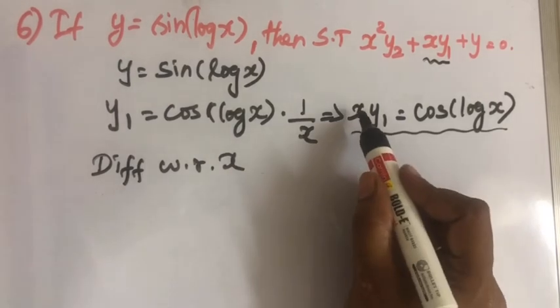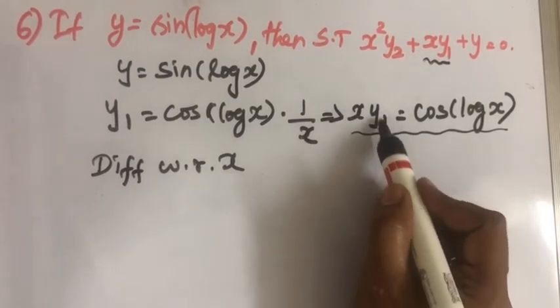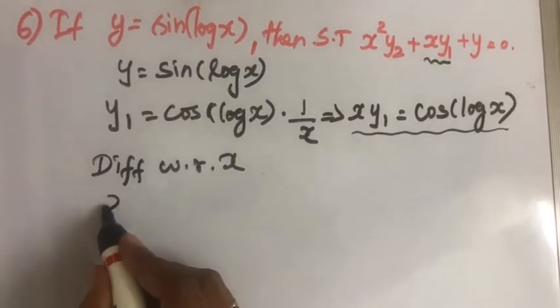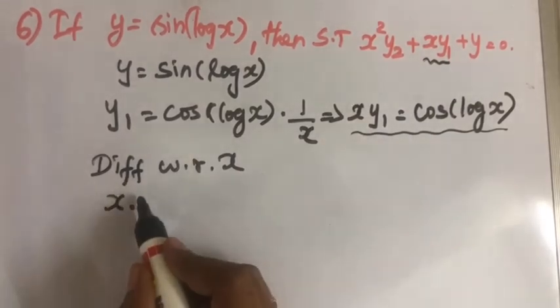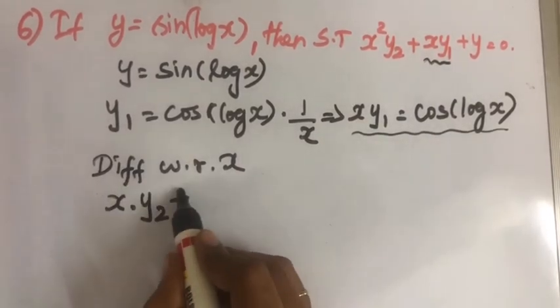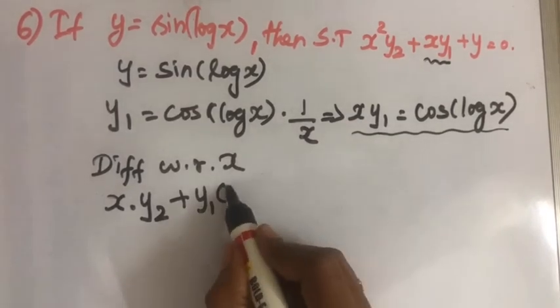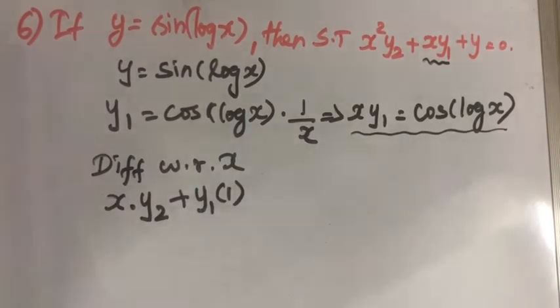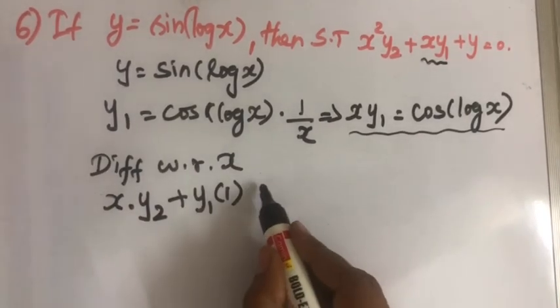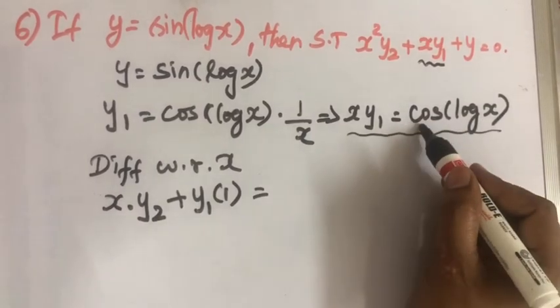So we need to differentiate x y1. What is it? uv functions. So x into, while differentiating y1 you get y2, plus I keep y1 as it is and differentiating x I get 1. Differentiating y1 gives y2. That is equal to, here we have to differentiate the right hand side also. Cos of log x.